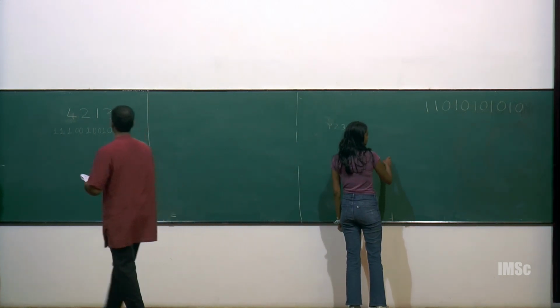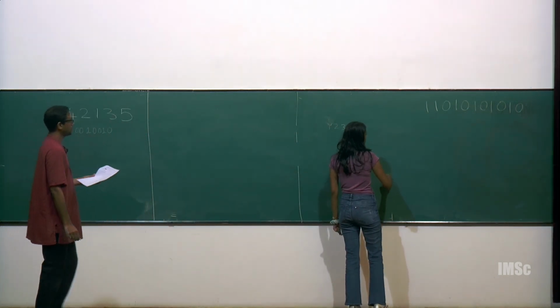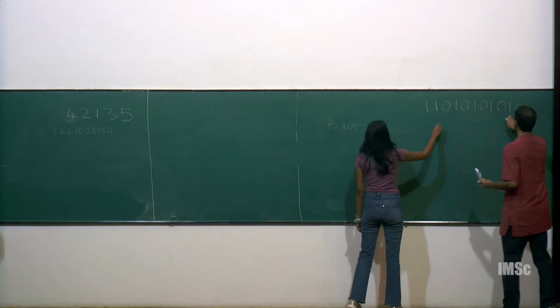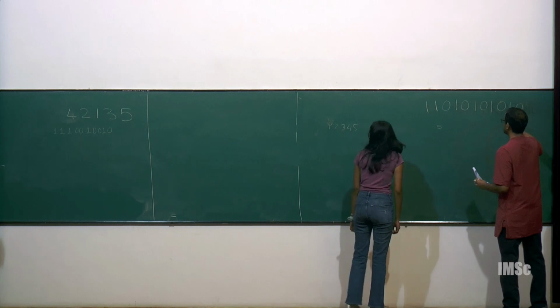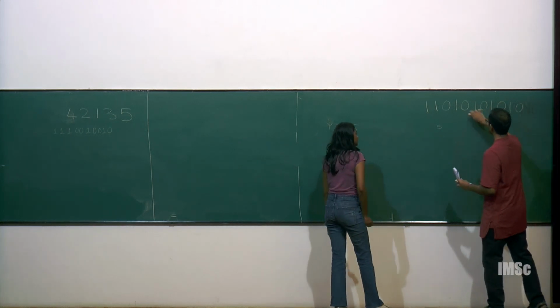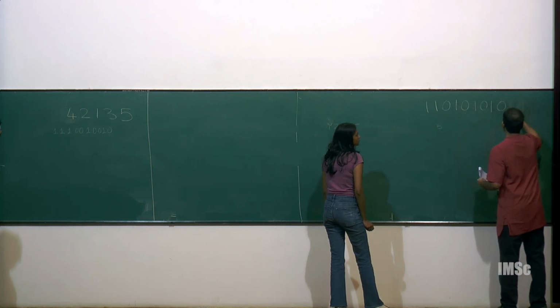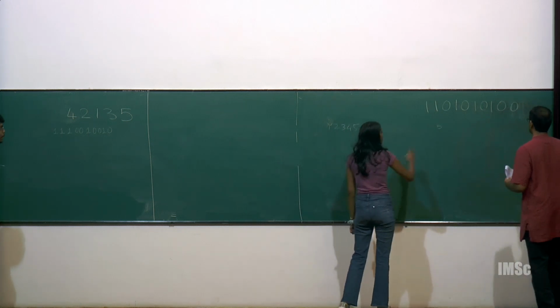Okay. 4, 2, 1, 3, 5. That's what I was trying to count. Am I off by something? 1, 2, 3, 4, 5. 1, 2, 3, 4. Oh, I have 6. Okay, sorry.